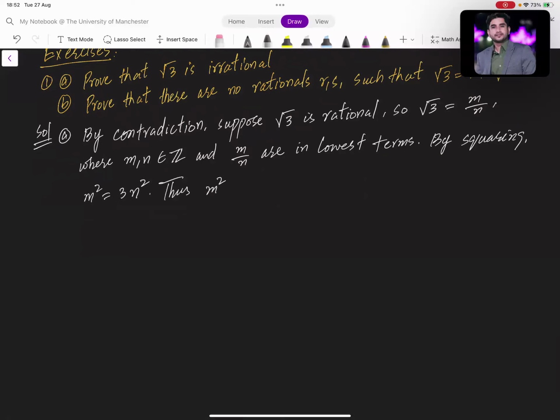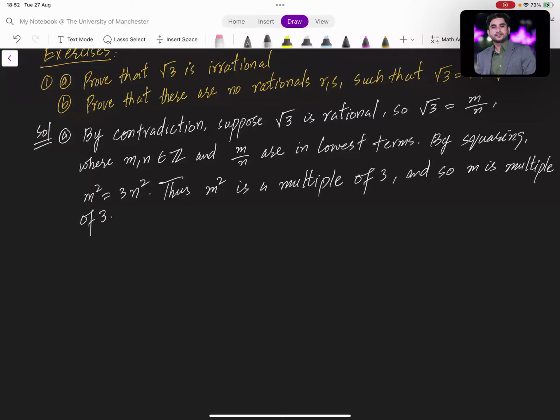Thus, m square is a multiple of 3. And so m is a multiple of 3.